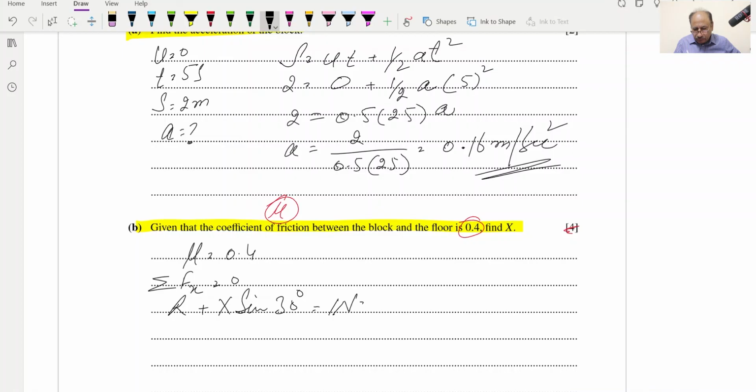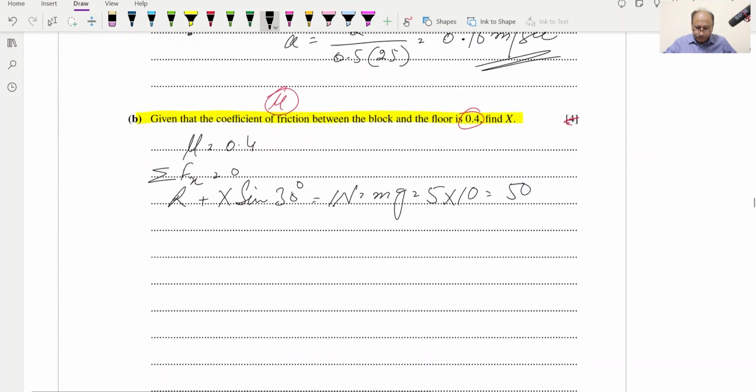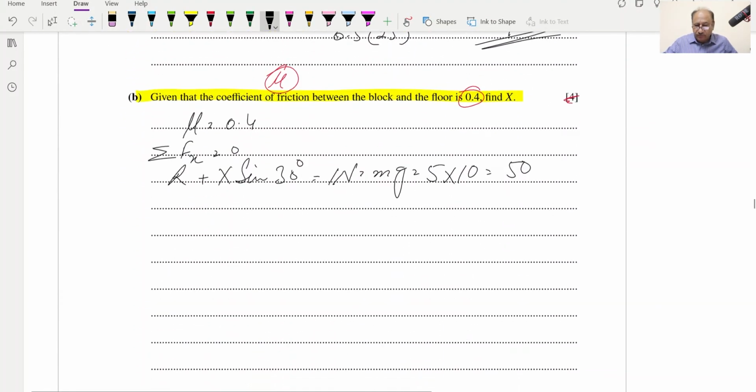Weight is equal to mg, and m is 5 kg, g is 10, so the weight is 5 into 10, which is 50 Newton.